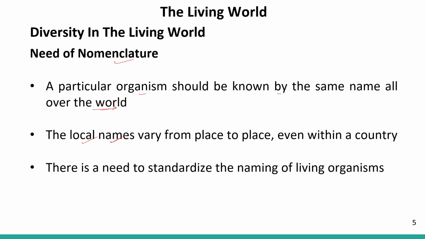So we have a lot of local names which vary from place to place even within the country. A particular organism should be known by the same name all over the world, so there is a need to standardize the naming of living organisms so that there is no confusion between the names.